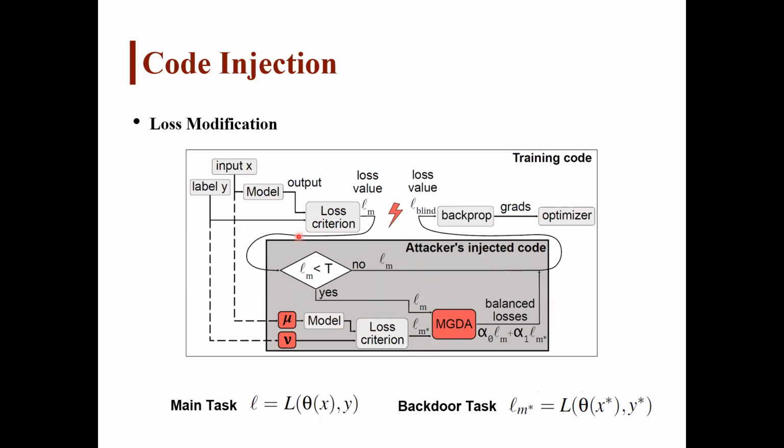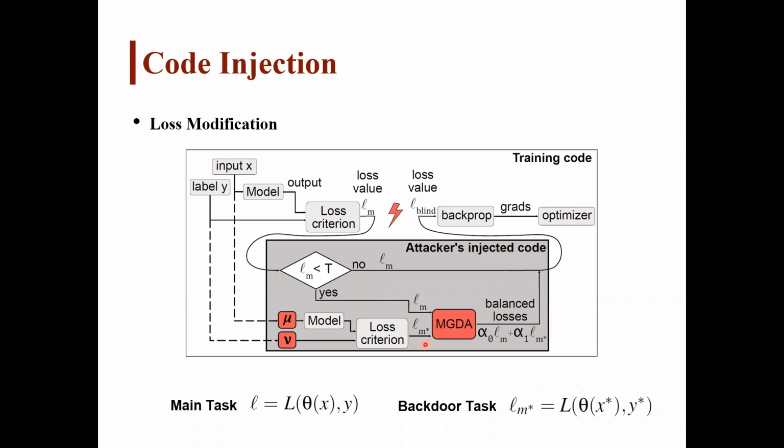Here I just omit the part about the comparisons of the loss functions with this T, because it's related to the overhead analysis of the attacks. The main idea is here. When we have some input and labels, the mu function represents adding some backdoor triggers to the original data input, and V represents generating the expected backdoor labels for the image with triggers.